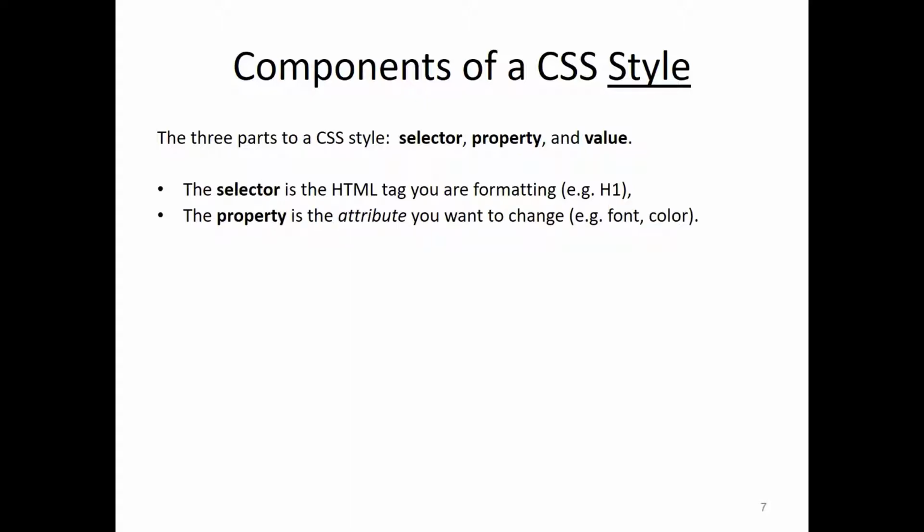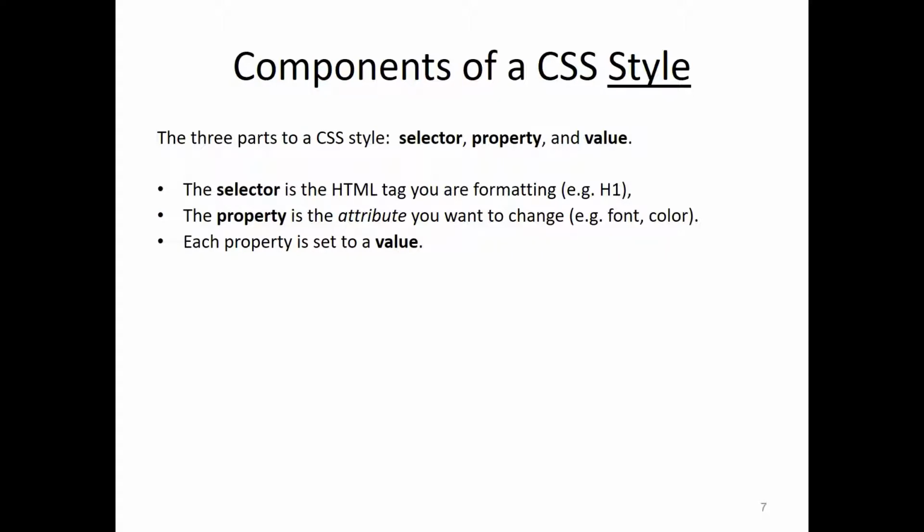The second thing is the property. Property is the attribute you want to change. Suppose you want to change the color of the text of the paragraph which you have written, so the property is font color for the p tag, right? And next is your value. We set a value to the attribute.